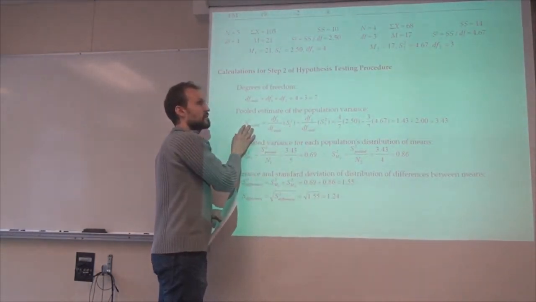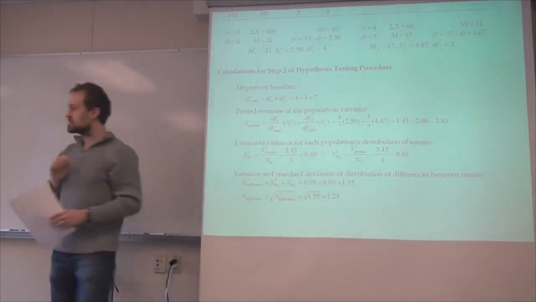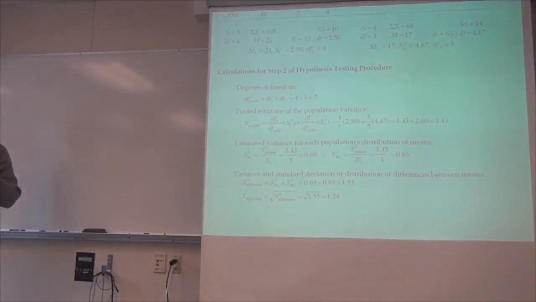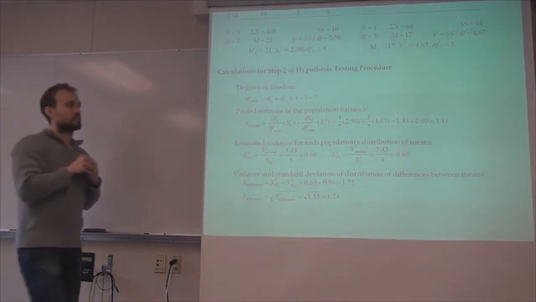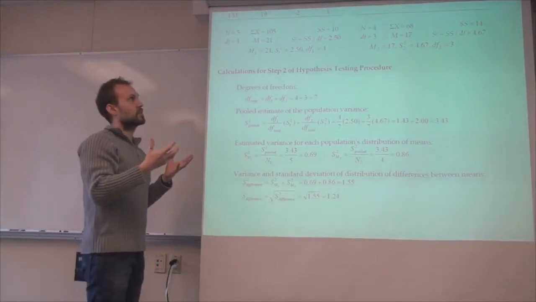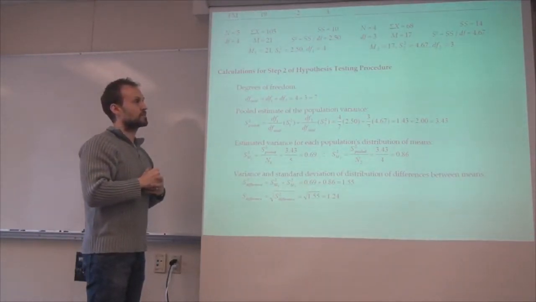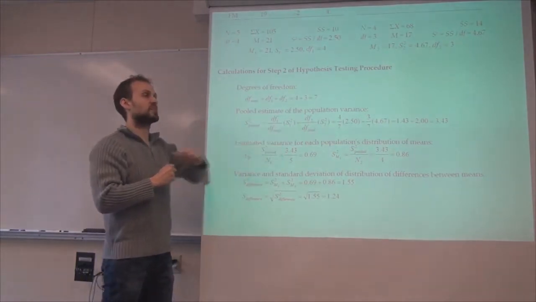So for the estimation of the population variance, the first sample will have a little bigger say in what the estimation is. Bigger samples are probably better representations of the variance of the population, so they should have a little more say.